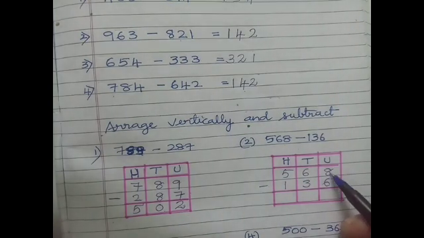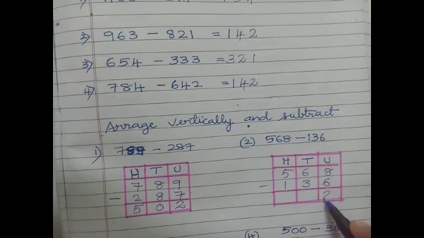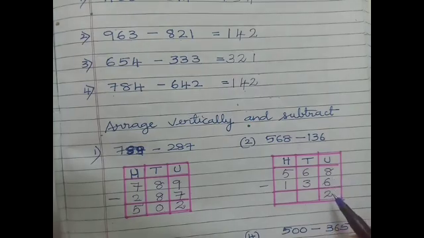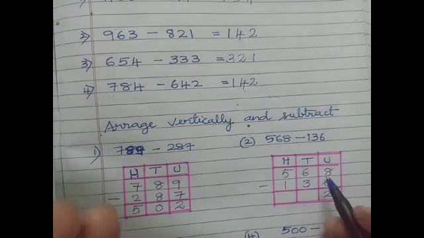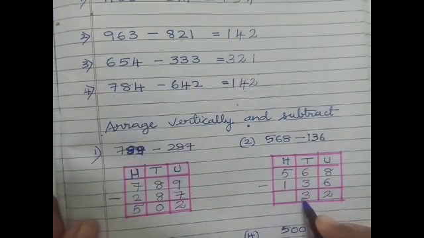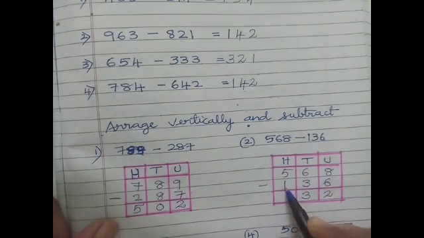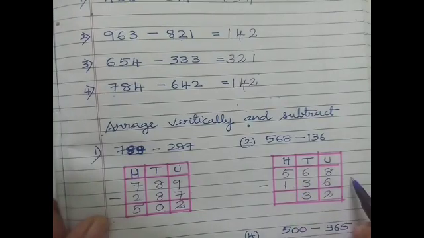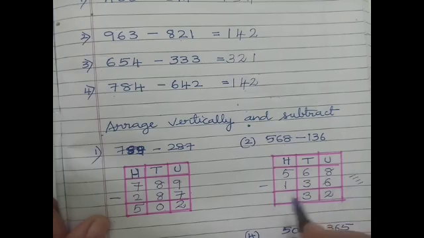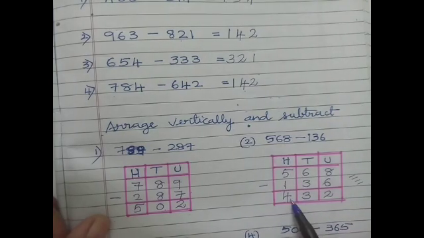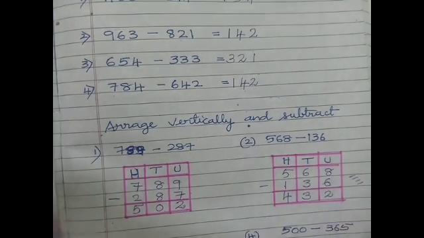So, here 8 minus 6 is 2. 6 minus 3: after 3, 4, 5, 6, so you have to add 3. 5 minus 1 is 4. So, 432 is the answer.